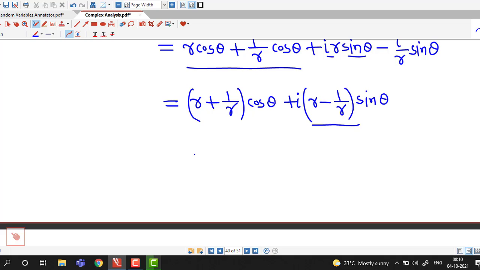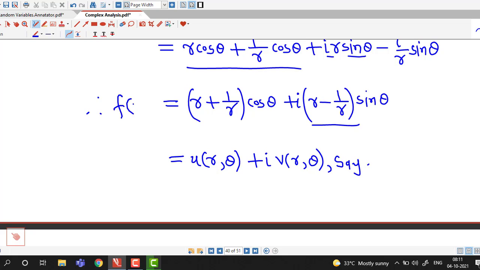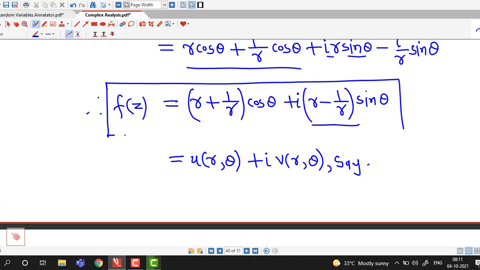So now I can compare with u plus iv, u as a function of r theta, v as a function of r theta. So we can see that our function is in this form, with u equal to (r plus 1 by r) cos theta and v equal to (r minus 1 by r) sin theta. So we have written our function in this form: some function of r and theta, say u, which is (r plus 1 by r) cos theta, plus i into some function of r theta, which is (r minus 1 by r) sin theta.